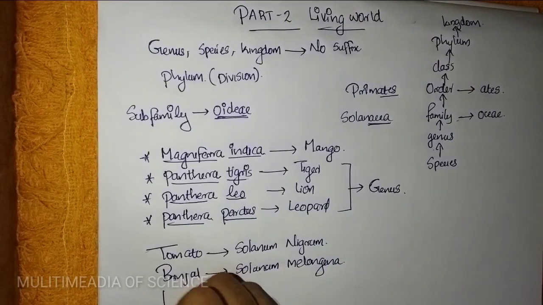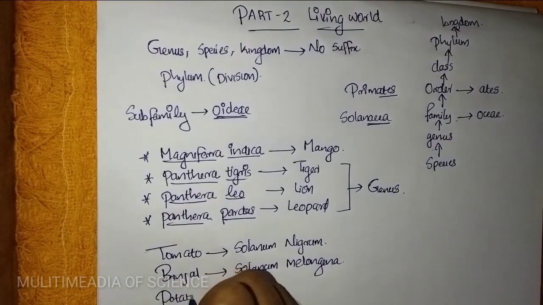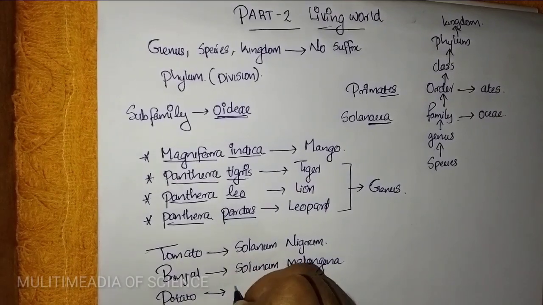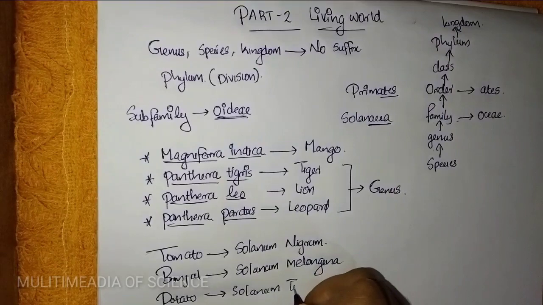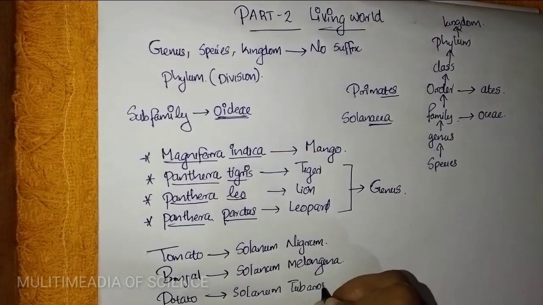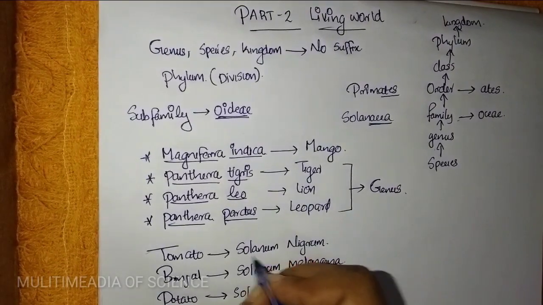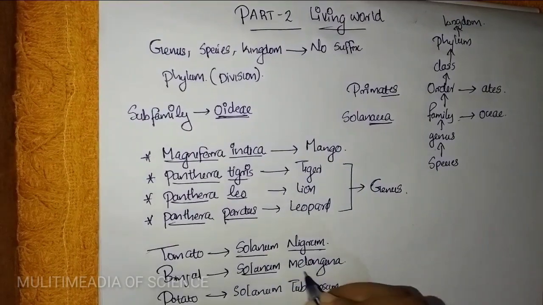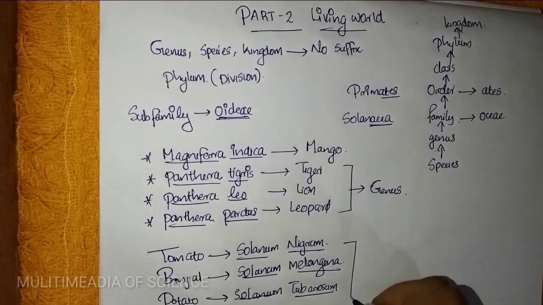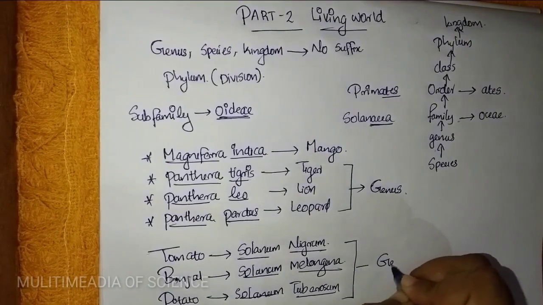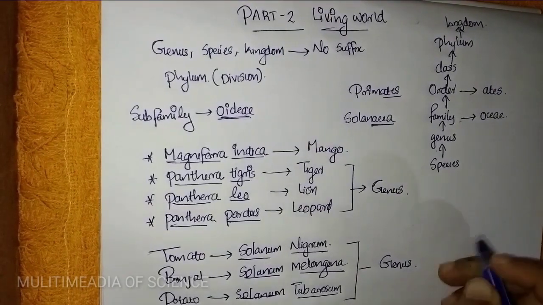Next is potato, Solanum tuberosum. So in these three, what? Solanum, Solanum, Solanum. So these three are included in the same genus. Clear?